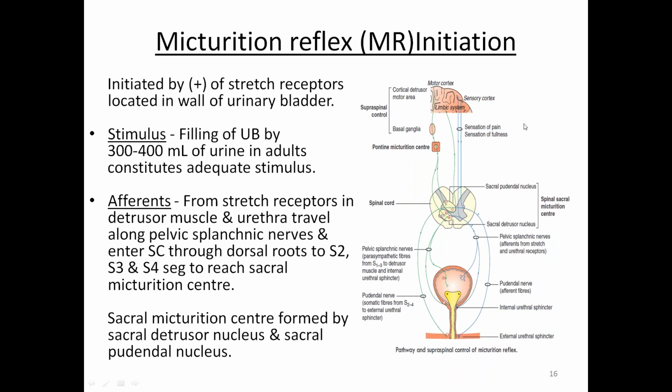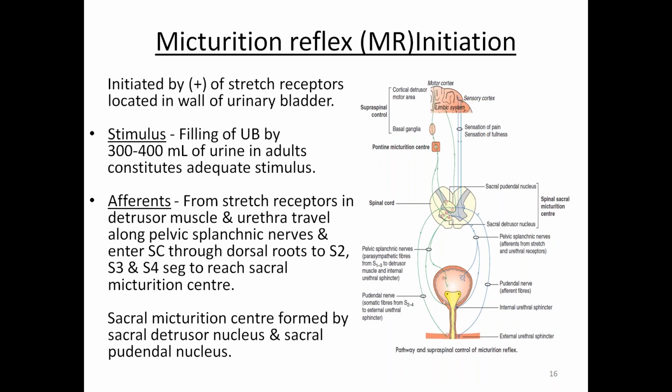And the afferents of stretch receptors in the bladder wall inhibit this nucleus, thereby inhibiting the external sphincter of urethra. So you can see that here there are these minus signs showing the inhibitory effect, and here the stimulatory. So this was about the afferents.